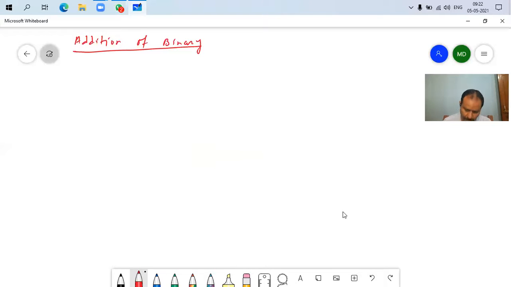So let us take a number, say 10110111. Okay, now 10110, and we calculate, say, one more over here, and we calculate 11111.